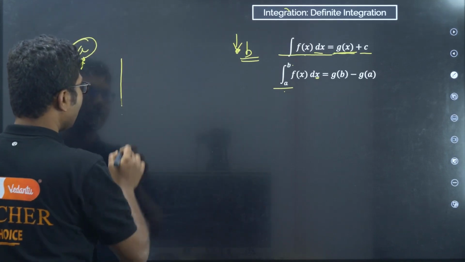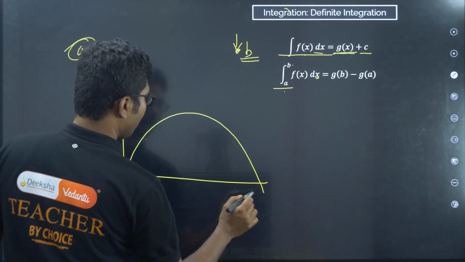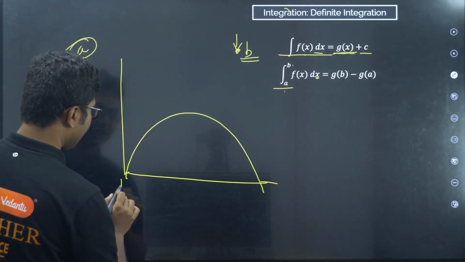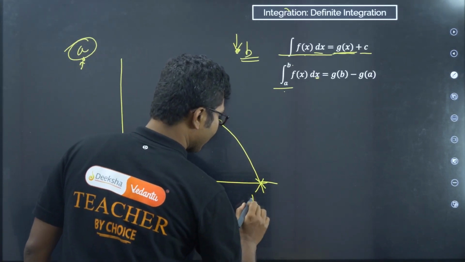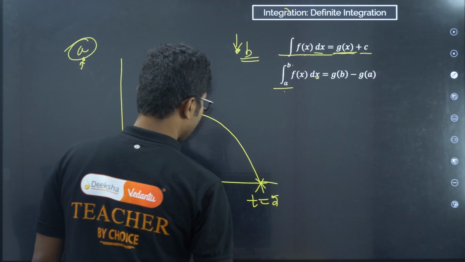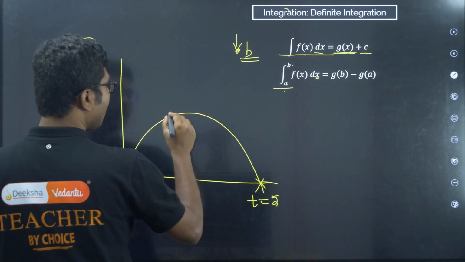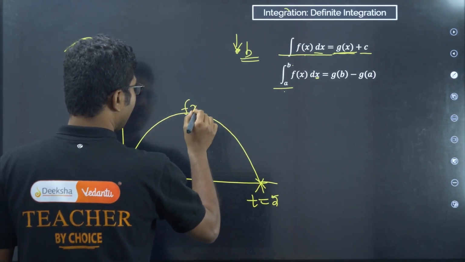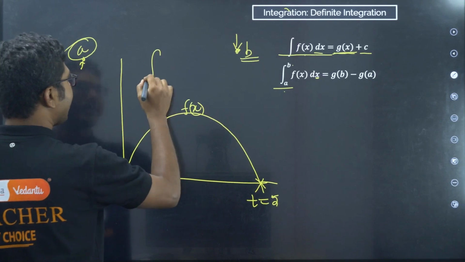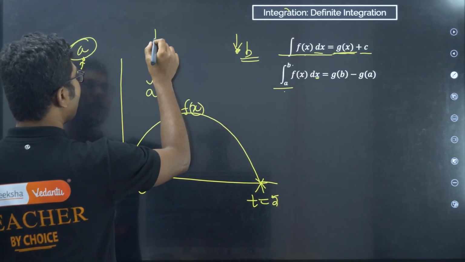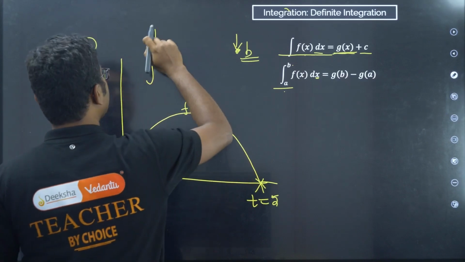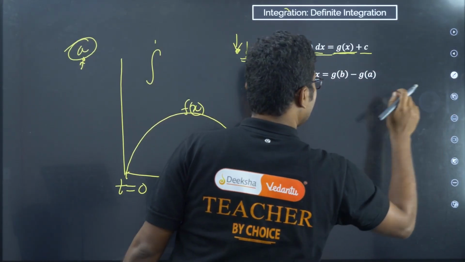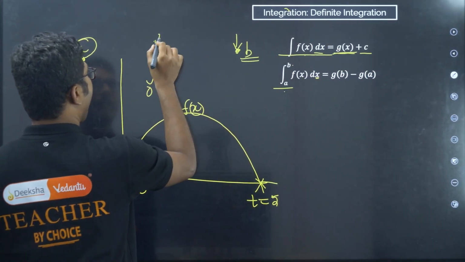So when we saw that graph, we are starting here at t equals 0, this is our a point, and we are ending at t equals 5, so this is our b point. So when we do the integration, instead of a to b, it will be 0 to 5.